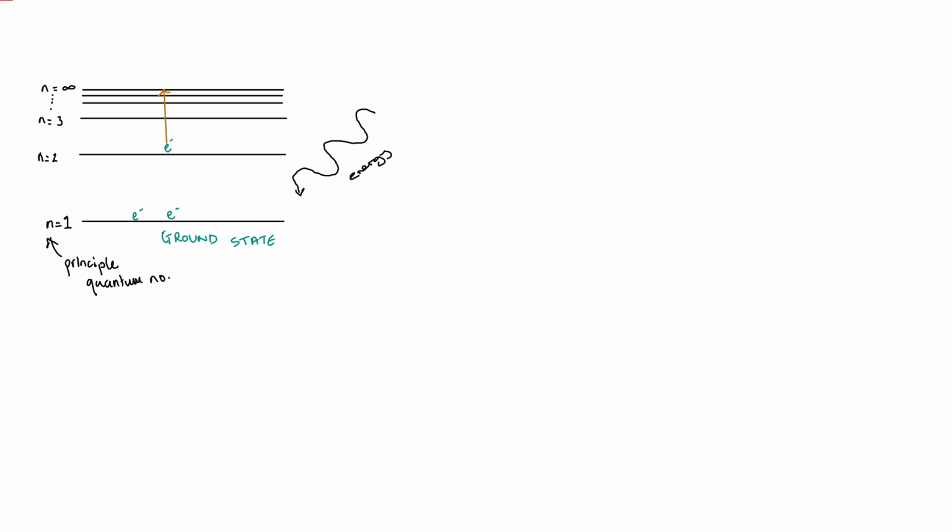However, in this particular situation, we are not ionizing, so let's get rid of those. We're not ionizing these elements, they're already ionized, and we're not looking at removing electrons. What we're looking at is them moving up and down.